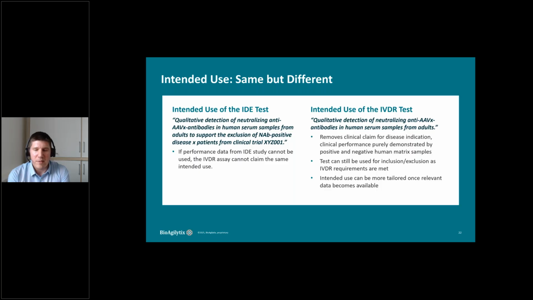And as soon as you have collected your data from phase 1 and have reliable, robust clinical data with real clinical samples, the sweet thing about the in-house approach is that, based on the new clinical performance data, we can adjust the intended use of the test to tailor it more and more to the specific compound we are working with, and to guide this assay through the following phases.